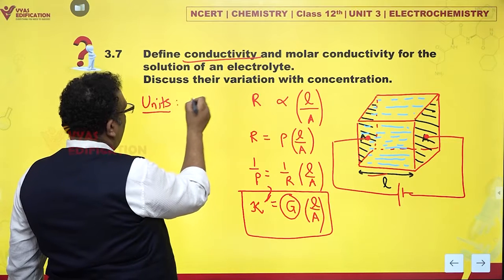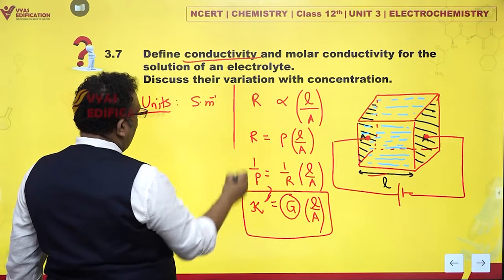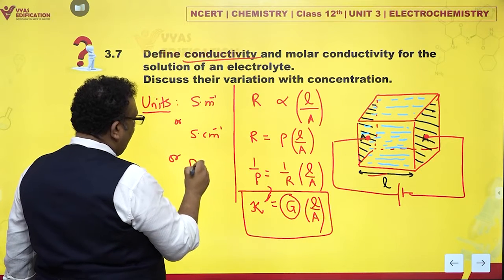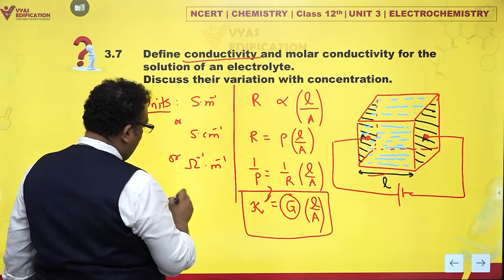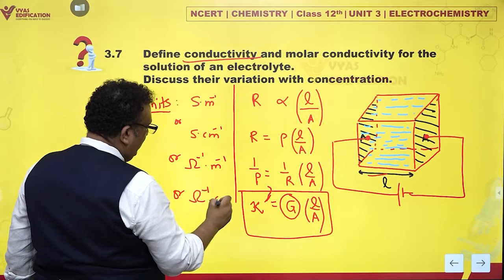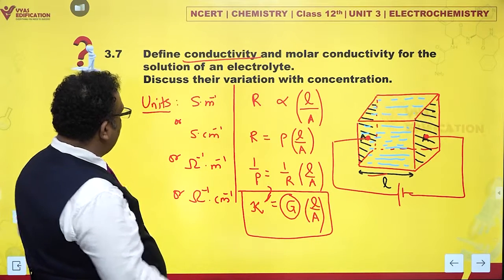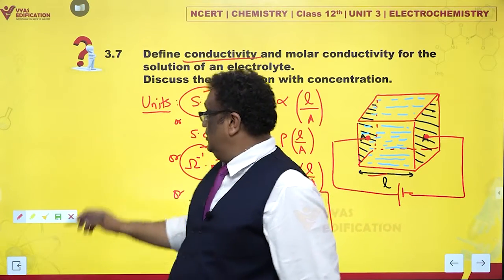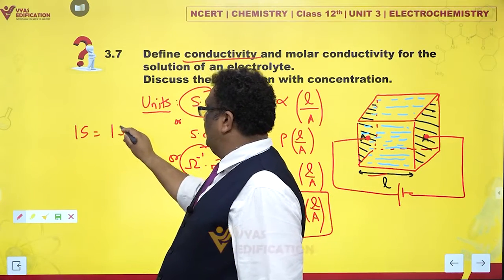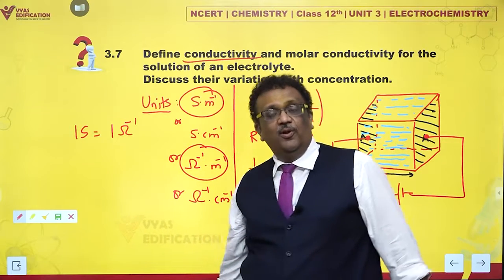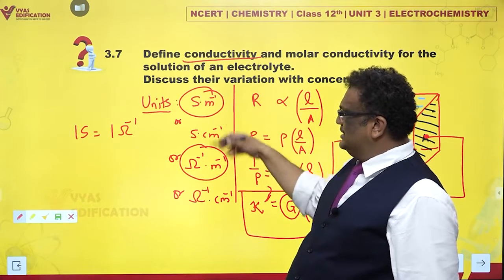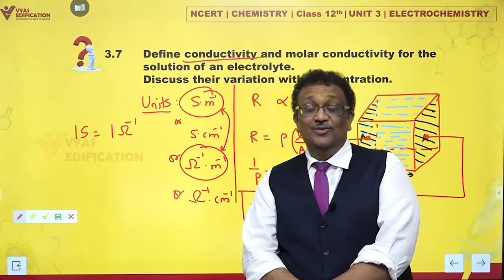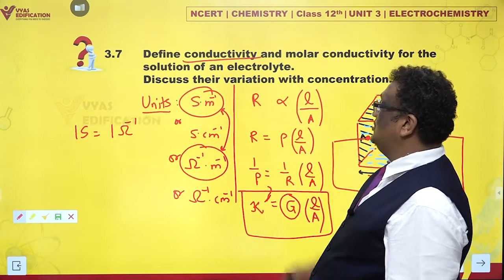Units of kappa are Siemens per meter or Siemens per centimeter, or Siemens is per ohm per meter or per ohm per centimeter. Please remember, these are SI units, and since 1 Siemens is 1 per ohm or 1 mho, these are identical units. So this is about conductivity.